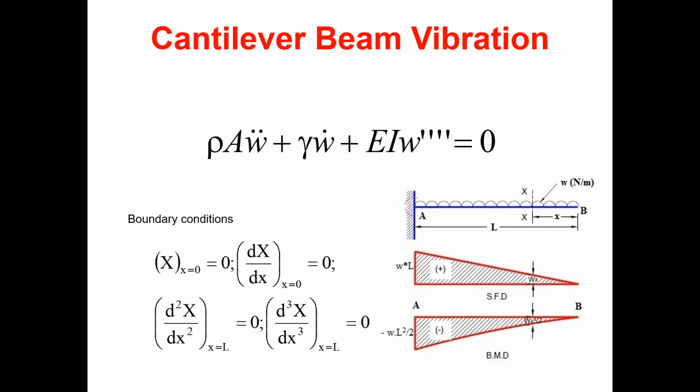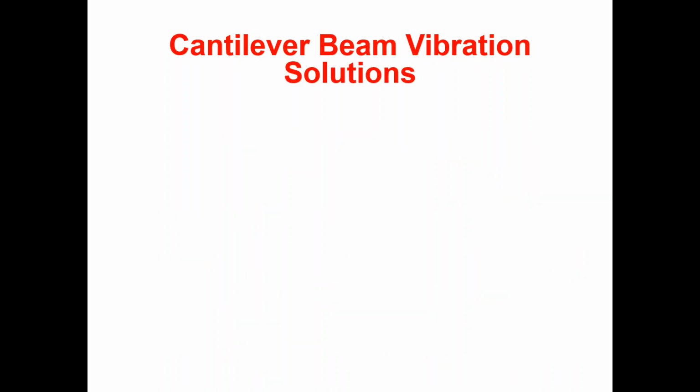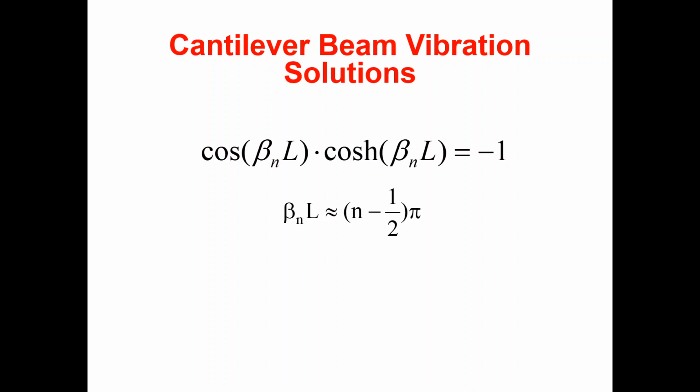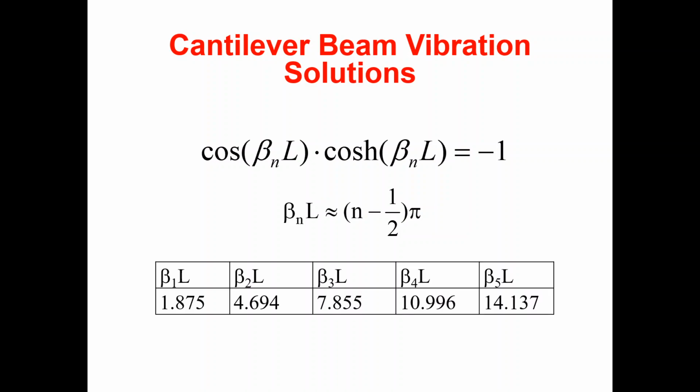Okay, and this is what the displacement would look like. So the general solution for the cantilever beam will look something like this. We can find beta n multiplied by L by using the mode minus 1/2 multiplied by pi.